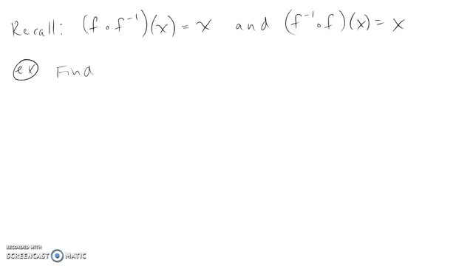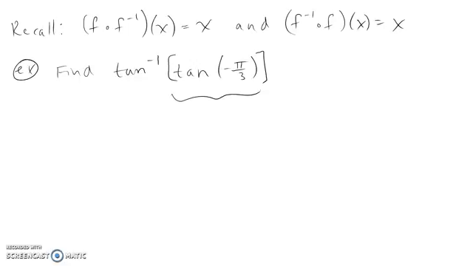We're going to find inverse tangent of the tangent of -pi/3. Okay? So the idea here, remember, is that this tangent function is being plugged in to the inverse function. All right, so if we were to try to find a value for this, we could work with the innermost function first. So let's look at that.